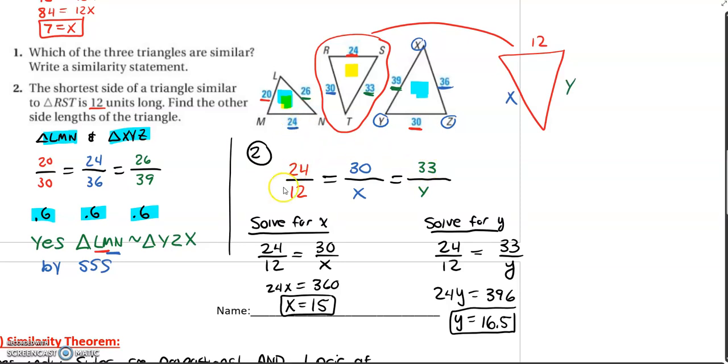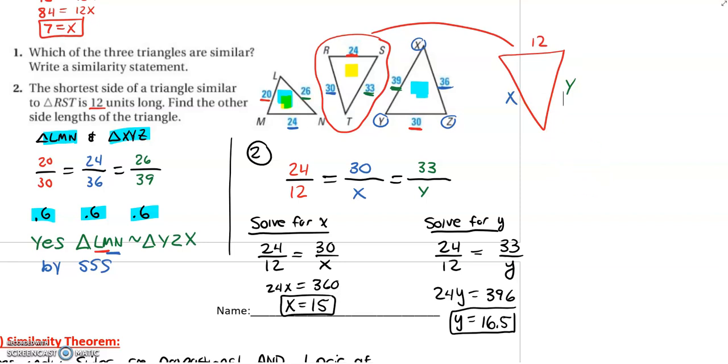I created a proportion that is comparing all 3 sides. So I have my 24 and 12, my 30 and my X. I'm going to start with those 2 first, set up my proportion and solve, and I got X equals 15. I took the 24 and 12 again and compared it with the 33 over Y, made my second proportion, solved that, and I got 16.5. So we now know what the 2 other sides of this missing triangle will be.